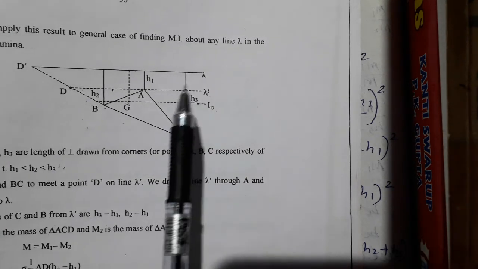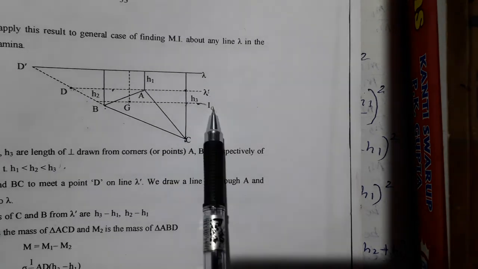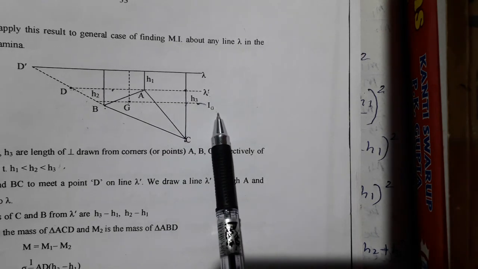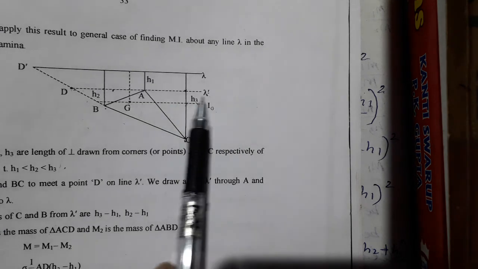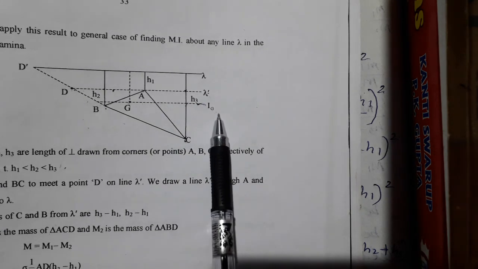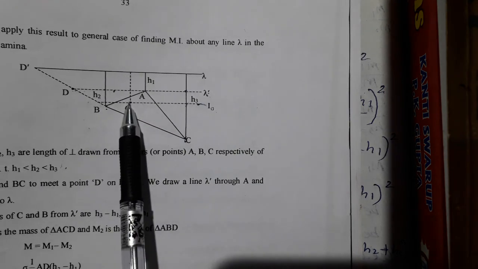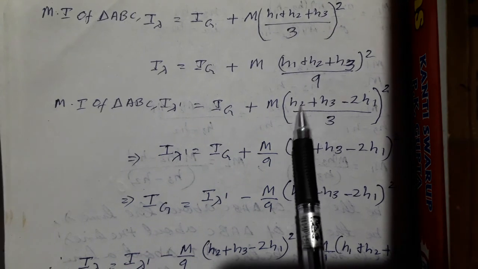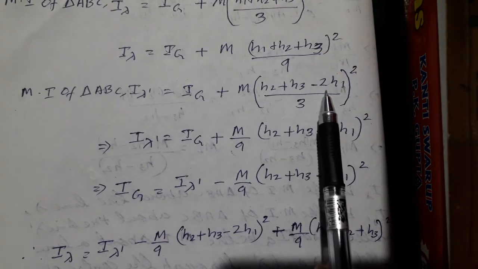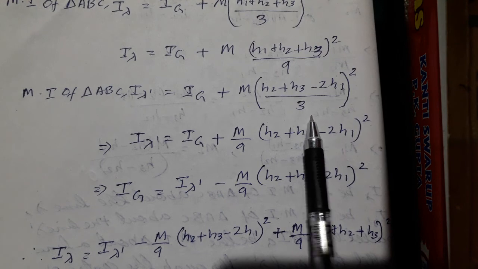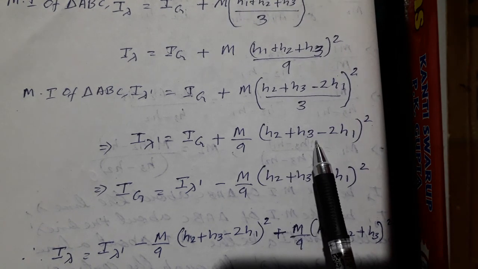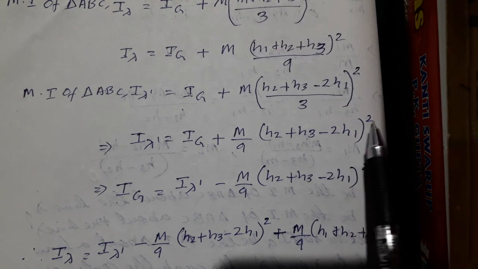I lambda dash equals the moment of inertia passing through the centroid, which is Ig, plus the mass m times the distance squared. The distance, which we have already calculated, is h2 plus h3 minus 2h1 divided by 3, whole thing squared. So we get m by 9, h2 plus h3 minus 2h1, whole thing squared.